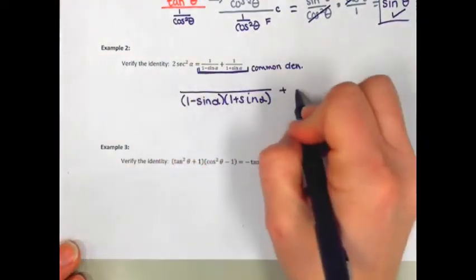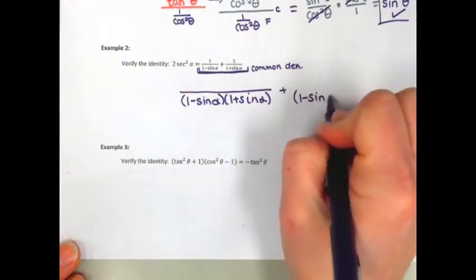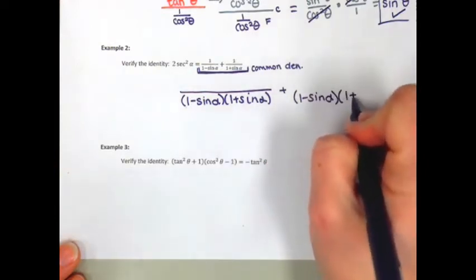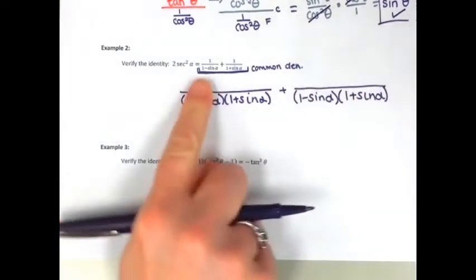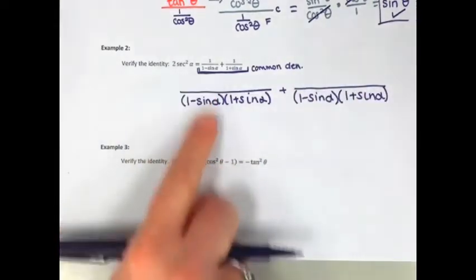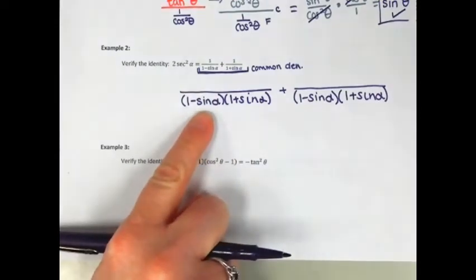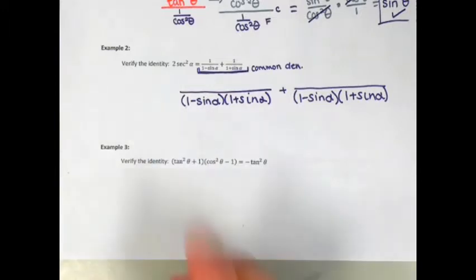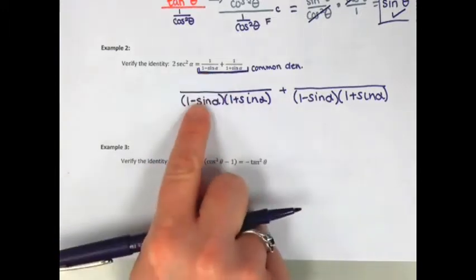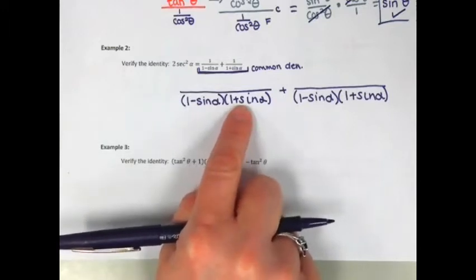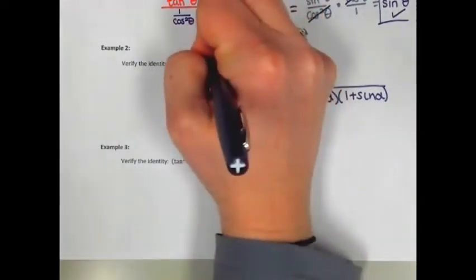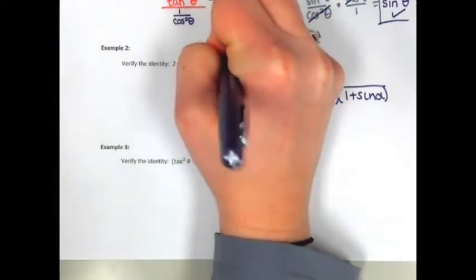So we need to change both of these fractions. What would I have to multiply the first fraction by to get to this common denominator? I have 1 minus sine on the bottom, but I need 1 minus sine and 1 plus sine. So don't I need to multiply top and bottom by 1 plus sine? Yeah, so I'm going to multiply the top by 1 plus sine.